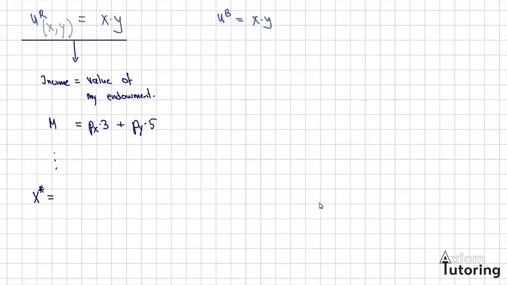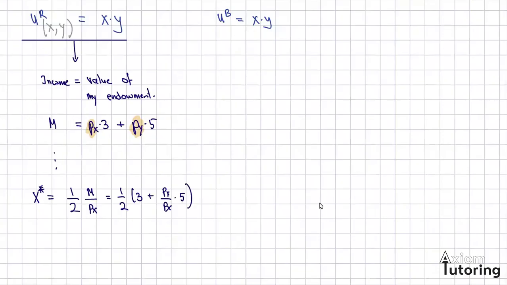So if I had some arbitrary nominal income, that of course will depend on these two prices that I don't know. Then, if you go back to my video on Cobb-Douglas, a first-class student will immediately recognize that the functional form of X star should already be known to you. They will spend a half of their income on good X. And therefore, it's going to be a half of 3 plus Py over Px times 5.